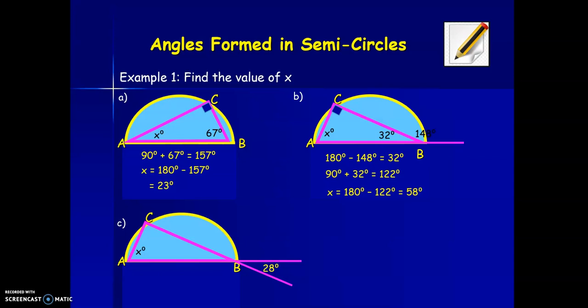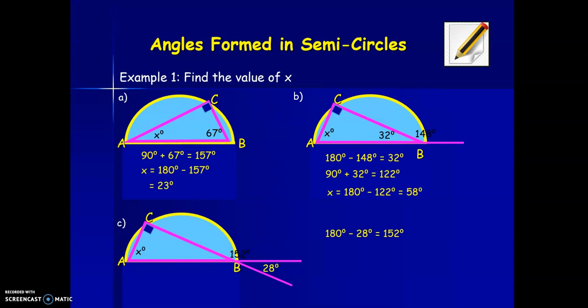For example C, we have a right-angled triangle inside the semicircle again, but this time both the diameter and CB have been extended. So this creates opposite angles at vertex B. But we also have straight angles at vertex B. So the first thing we can do is 180 take away 128 equals 152 degrees.